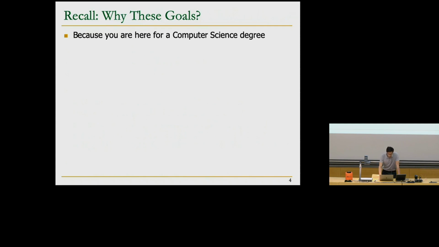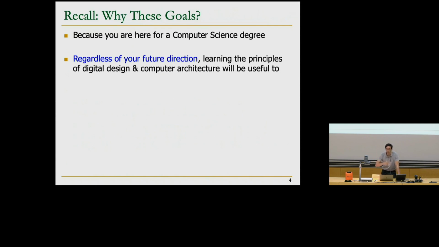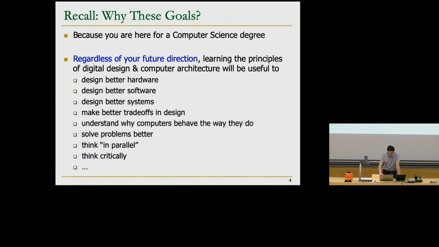So even if you are going to end up working in the future in something completely different to computer architecture, you will still be working in the computer science field, right? And all the things that we have covered here and all this knowledge will help you to do many things in a right way and in a nice way in the future. If you do hardware design, you will be able to design better hardware.